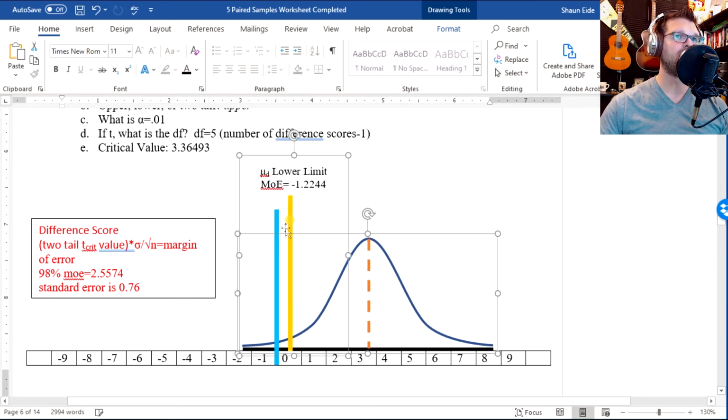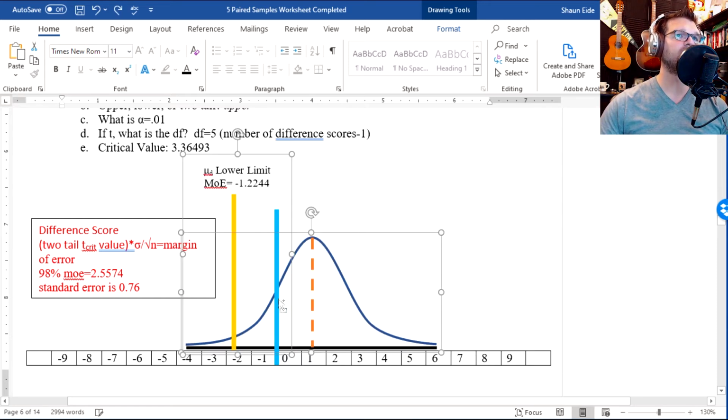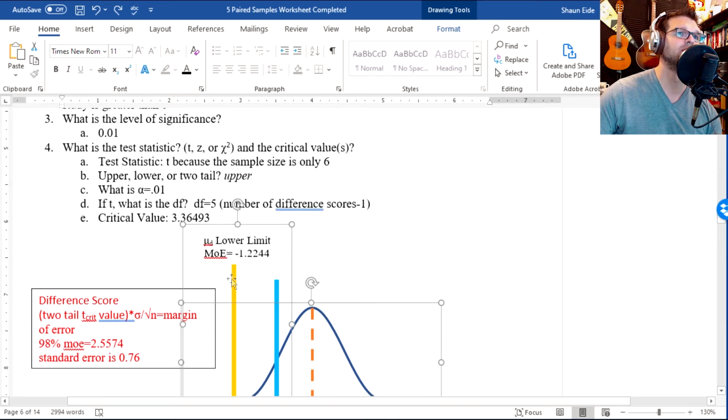It would need to be past this blue line. It would need to be past 0 because we're testing it against 0. We're testing how off our data might be compared to that 0. And so I can already tell you, because the margin of error is below 0, that we're not going to reject the null. We're going to have to fail to reject the null.